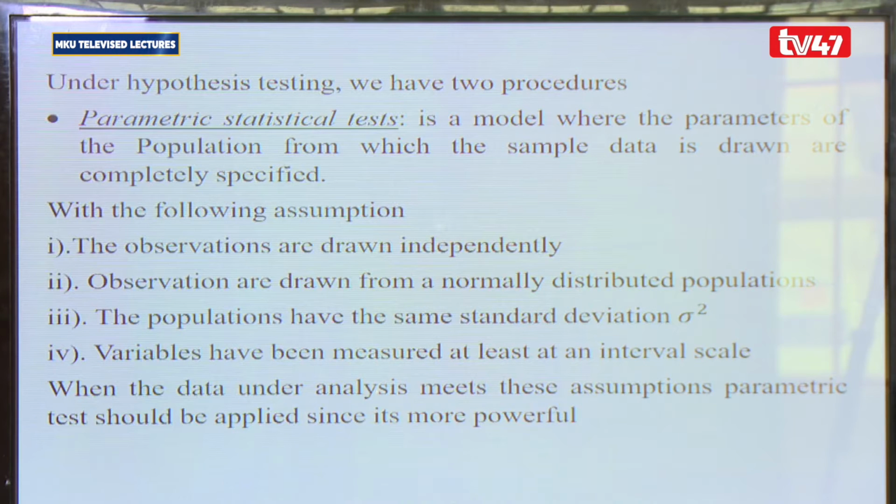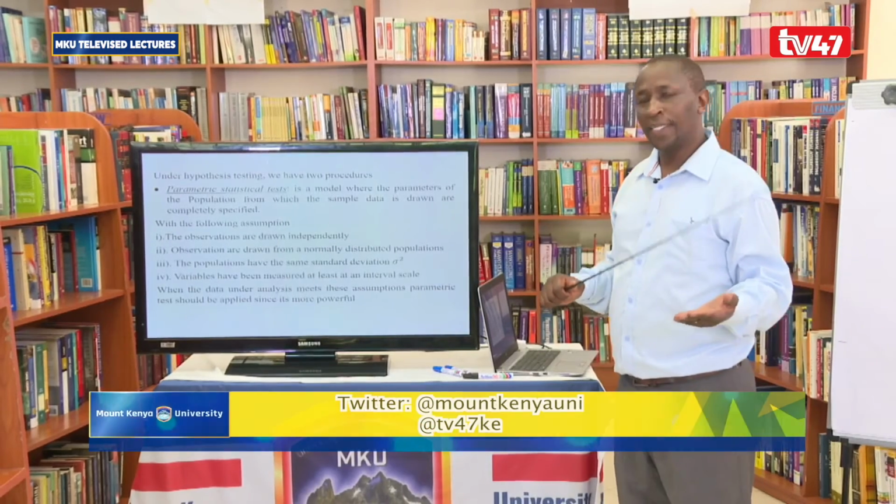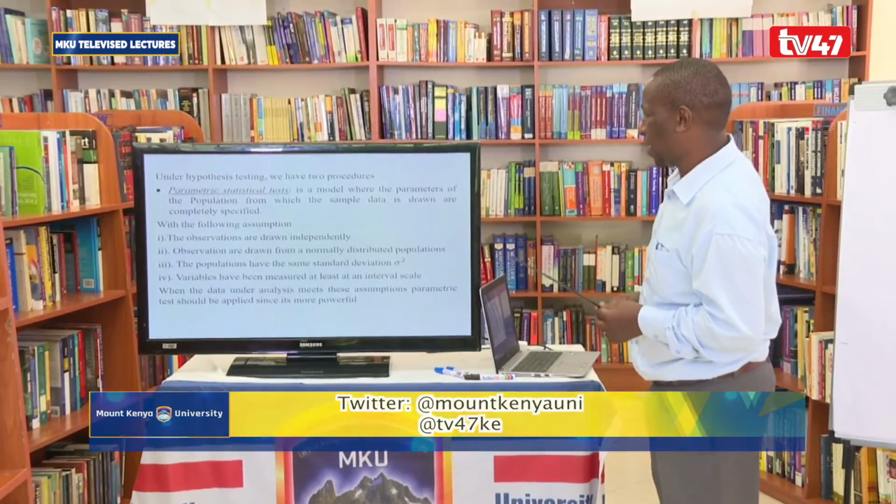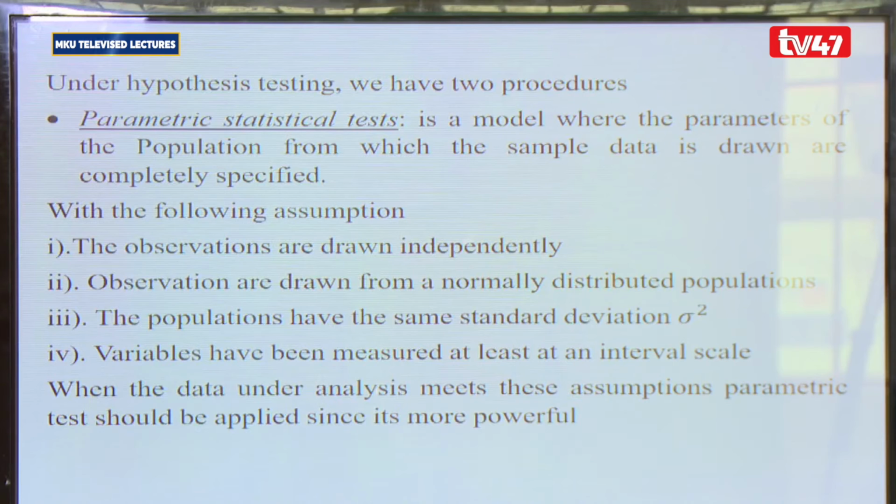Variables are measured at least at an interval scale, because in statistics we have four scales of measurement, that is nominal, ordinal, interval and ratio, in the order from the weakest to the strongest. So when data meets all these assumptions, the obvious way of testing the hypothesis is through parametric statistical tests.